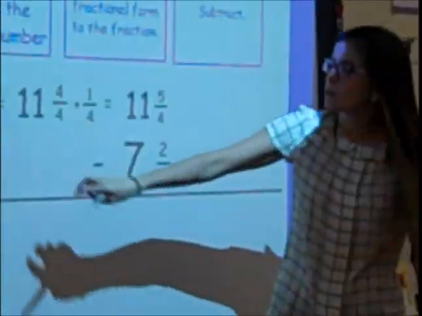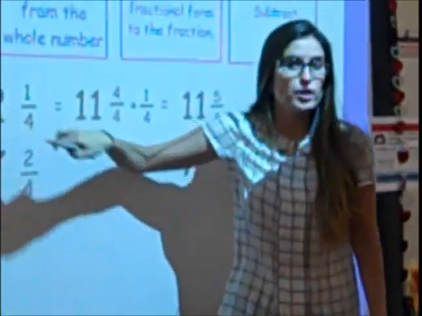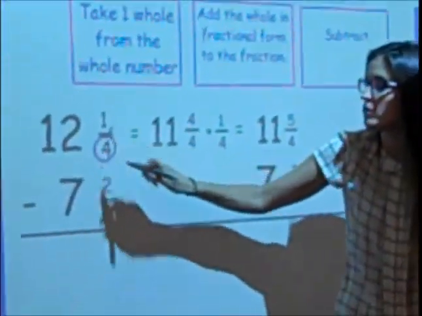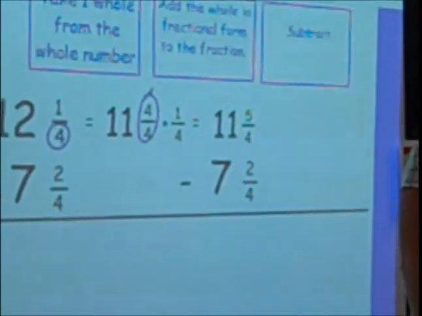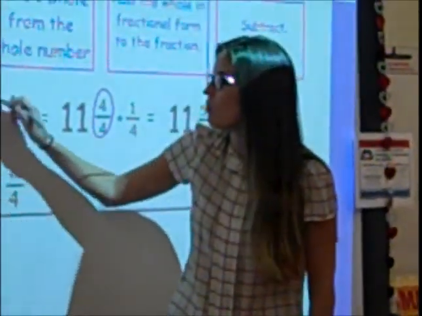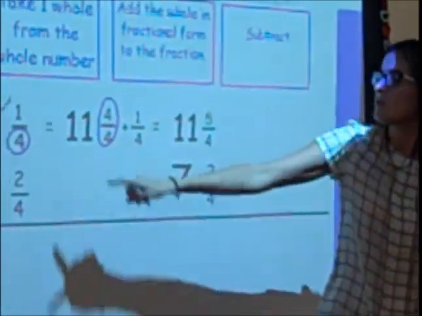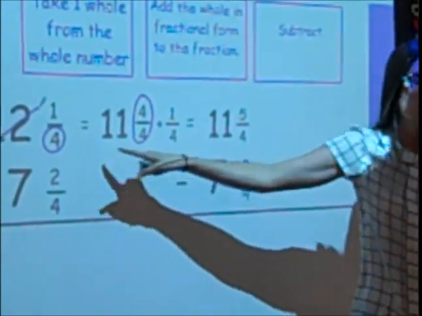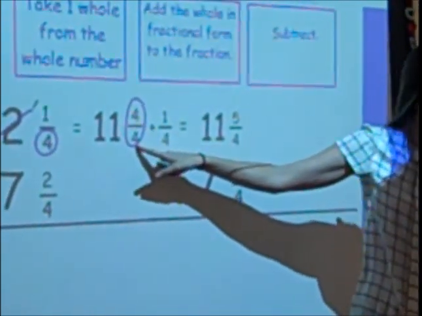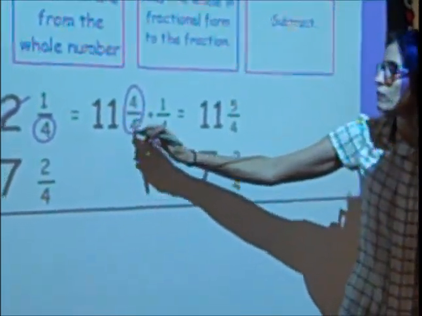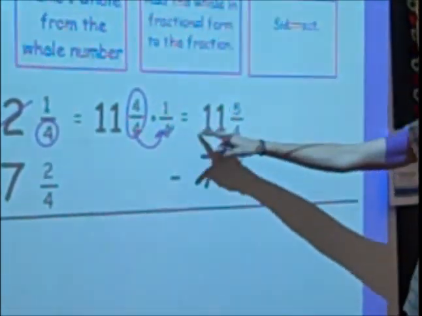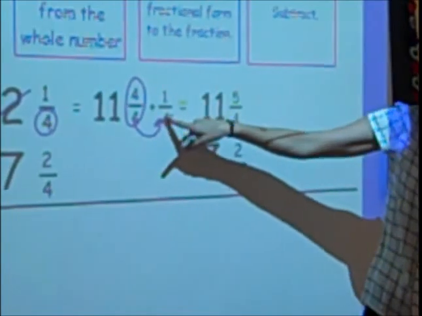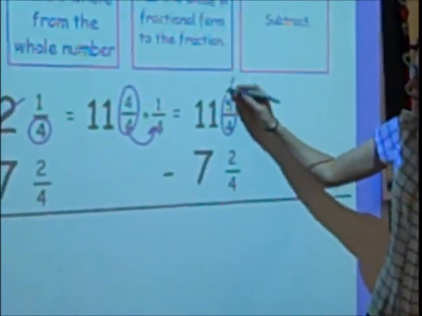If we're taking 1 whole from 12, 1 whole is, in this case, 4/4. So if we take 1 whole away from 12, we are left with 11 wholes. But we still have that 4/4. So we're combining that 4/4 with our fraction right here. 4/4 plus 1/4 is 5/4.